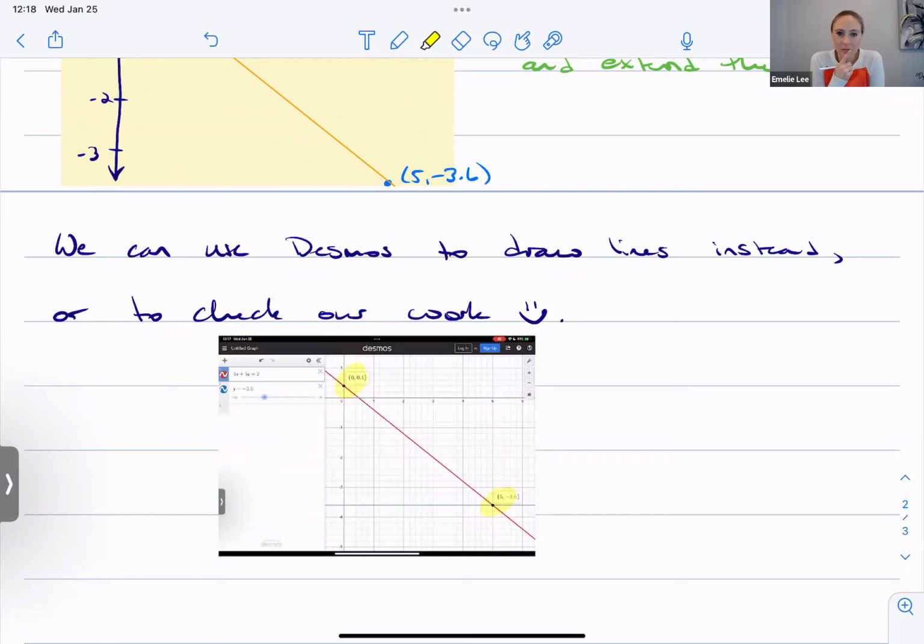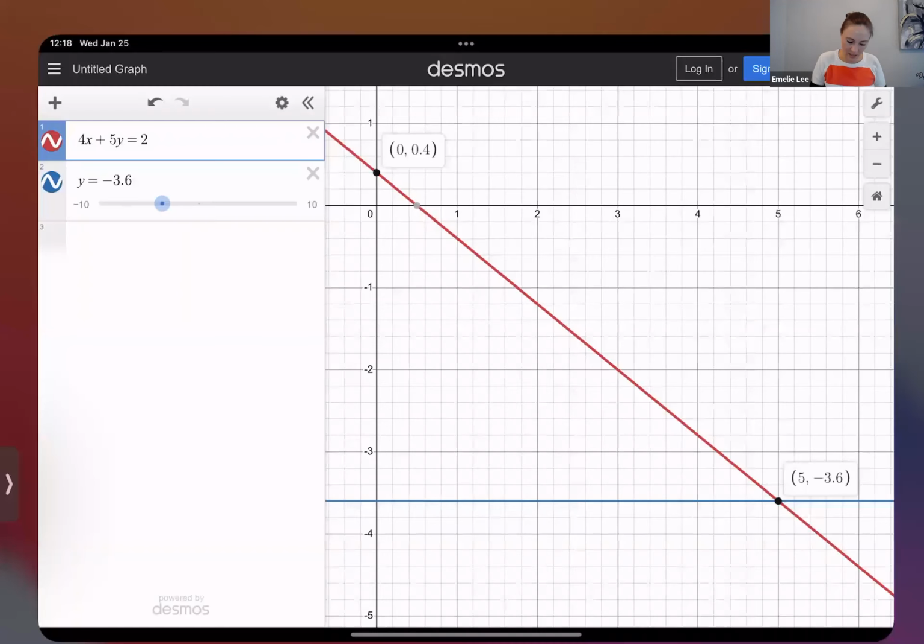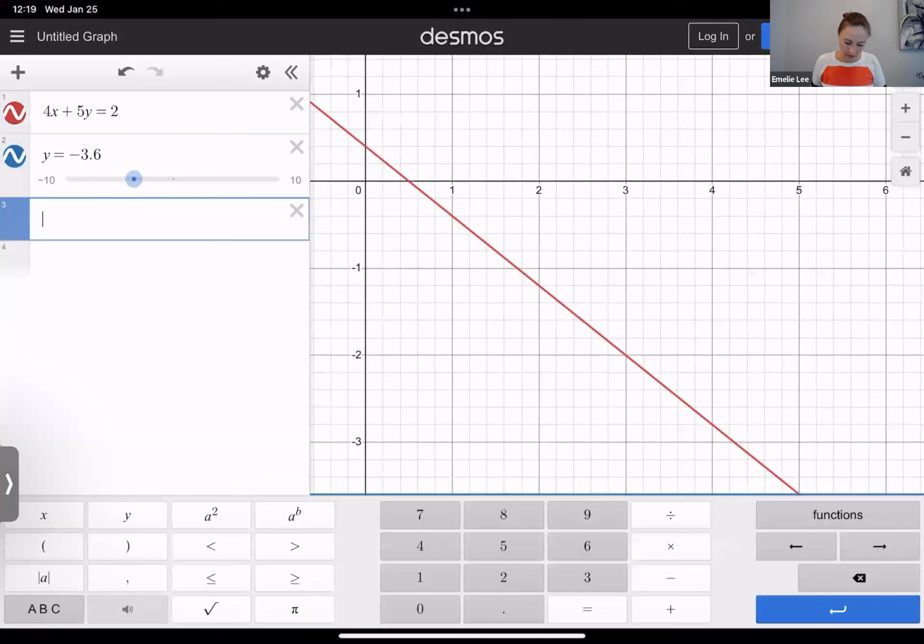Okay, nice. The other thing I wanted to show you was that it doesn't really matter how you put the function in. If you wanted to check your work, did I solve for y correctly?